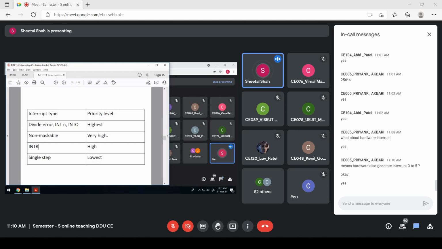But among those 0 to 255, 0 to 4 are fixed. Then 5 to 31 is meant to add some more interrupts for the higher processors. Then from 32 to 255, I can have any interrupt number. Say suppose an interrupt is generated at the INTR pin, then I can give the type number 34.